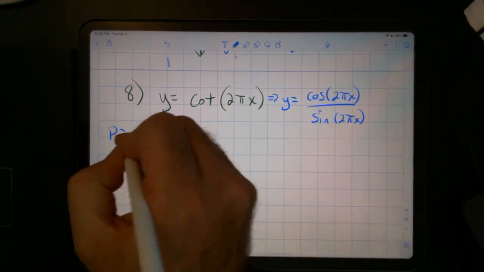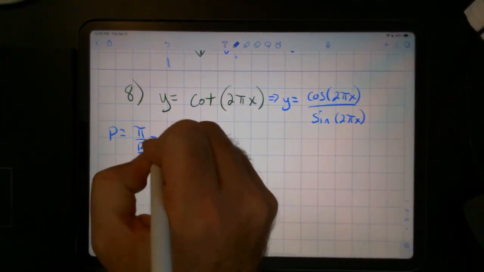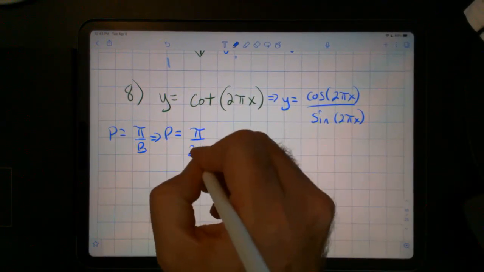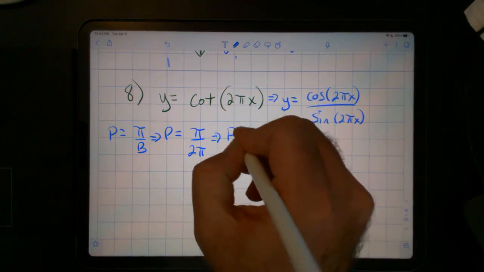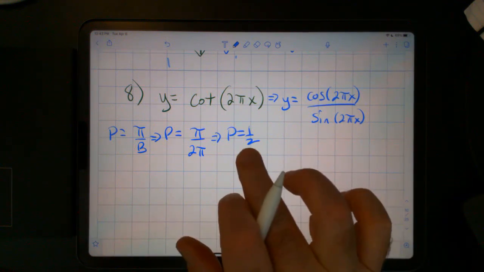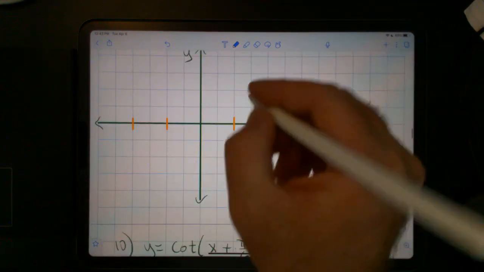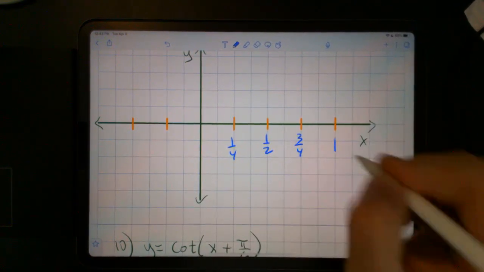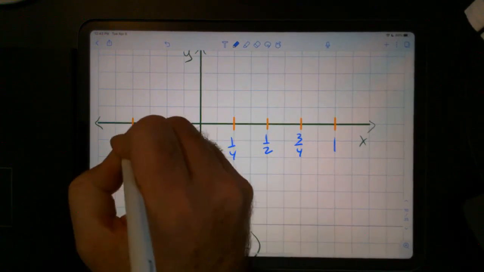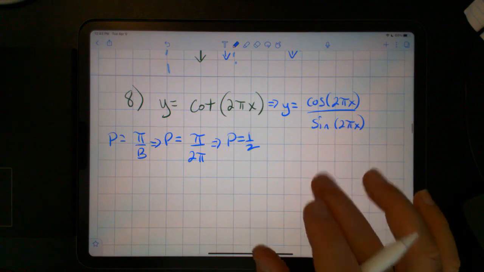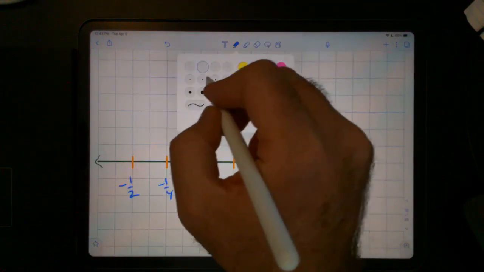And here the period is going to be pi over b. So the period is pi over, well, here b is 2 pi, and so the period is equal to 1/2. That tells me where I draw these marks. So period is 1/2. Let's go with 1/4, 2/4, 3/4, 4/4, and -1/4 and -2/4. Looking at it, A is 1.